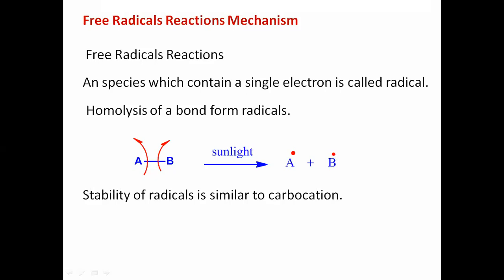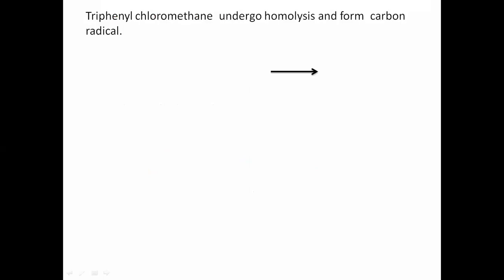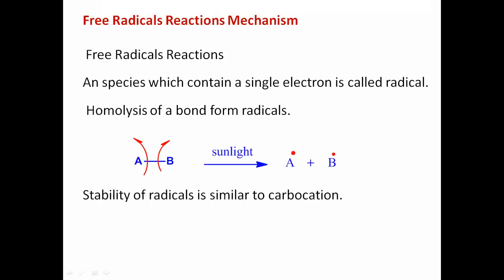What about the stability of free radicals? Free radical stability is similar to carbocation stability. What do we know about carbocation stability? We know that tertiary carbocation is more stable than secondary carbocation, which is more stable than primary carbocation.